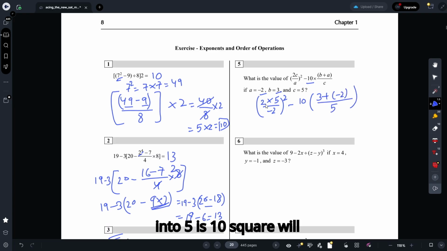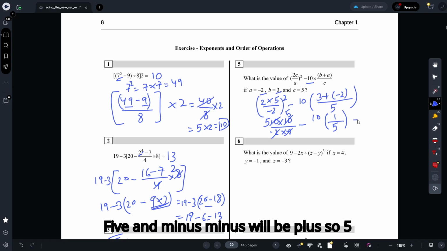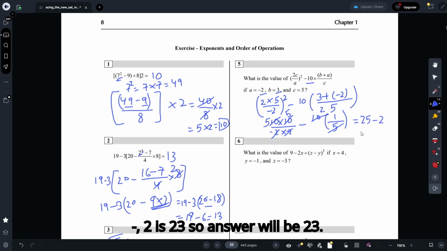So, solving this, 2 into 5 is 10, square will be 10 into 10. Minus 2 square is minus 2 into minus 2, minus 10 into 3 minus 2 will be 1 upon 5. So this will be 5, 5, and minus minus will be plus. So 5 into 5 is 25, minus this will be 2. 25 minus 2 is 23. So answer will be 23.